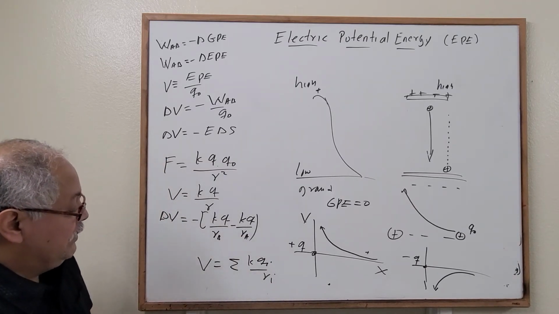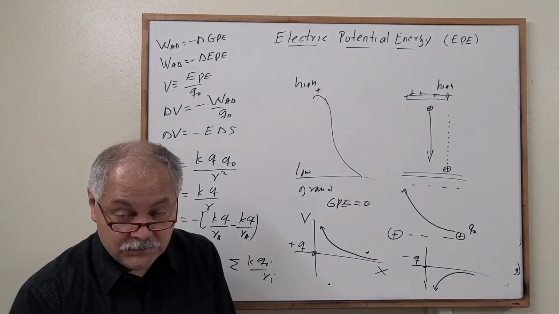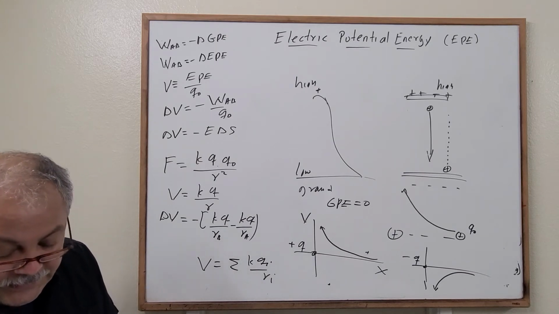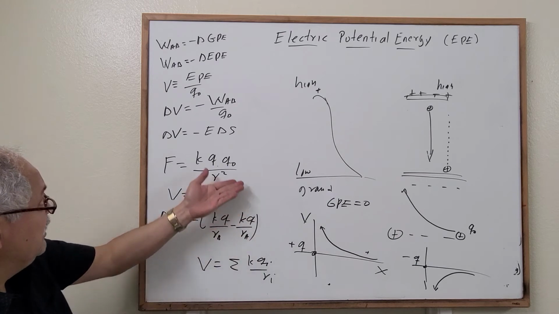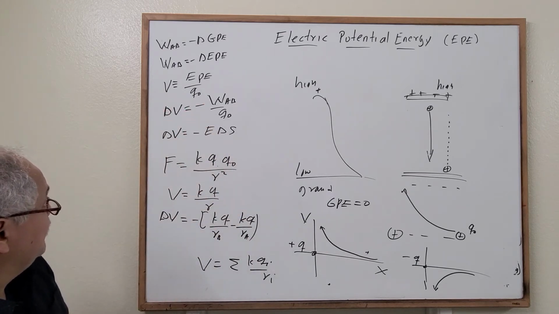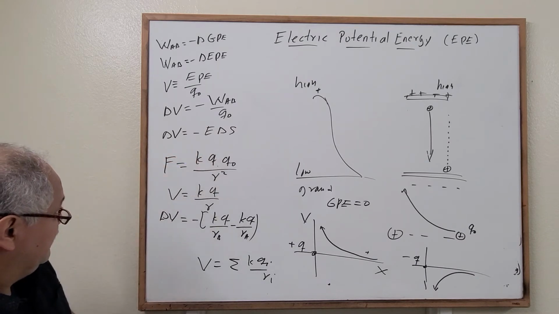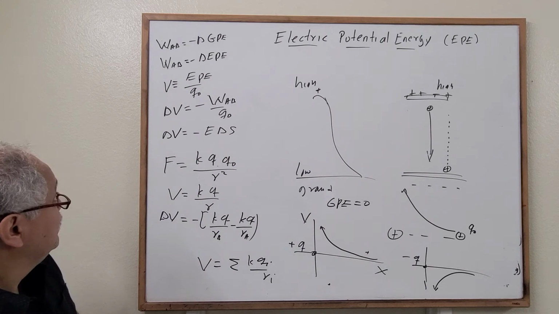That should be in the case where we have more than one particle. Okay, perfect. This is for point charges. So far we're dealing with point charges, right? Except this one. This one is in general for once we have the electric field. But this is point charges, point charges, point charges.